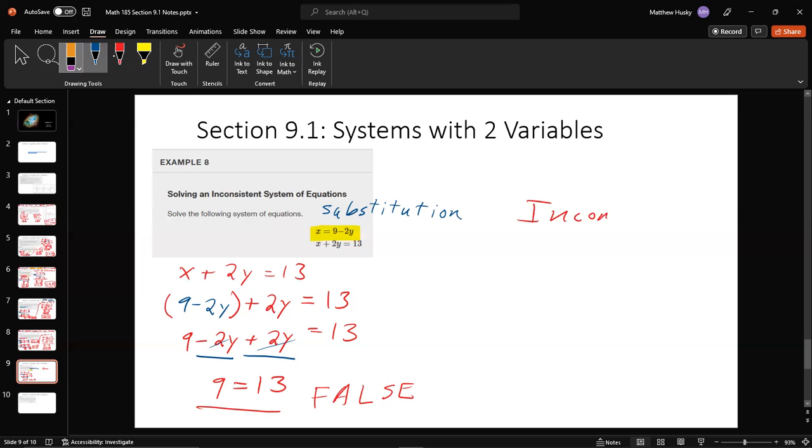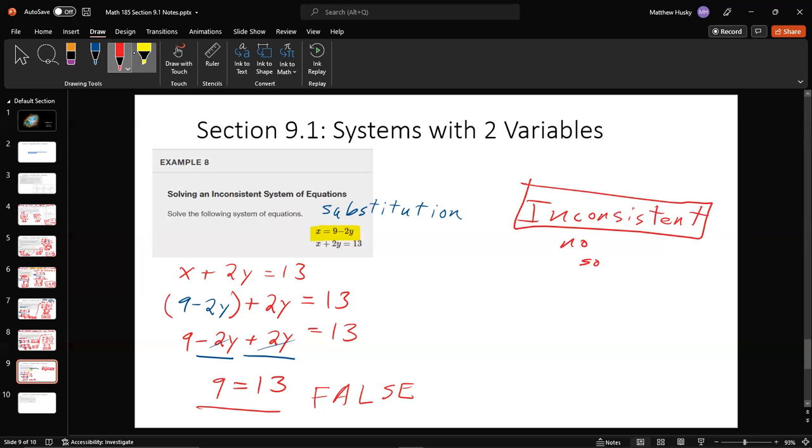Inconsistent, meaning it has no solution. So there's no solution. The way you can tell is that you get complete nonsense, like claiming 9 equals 13.